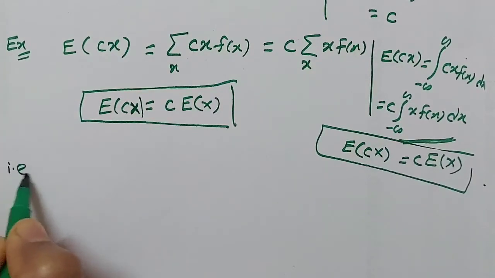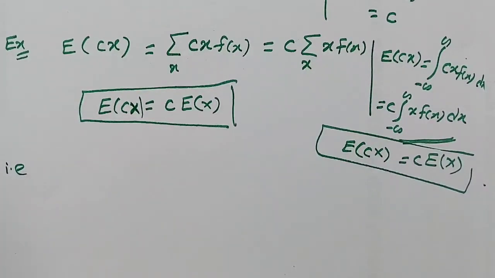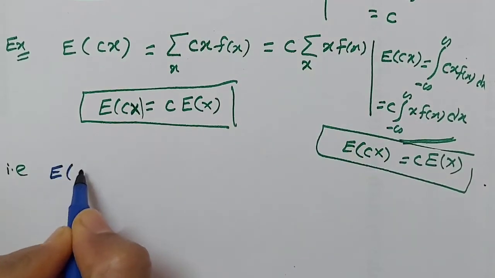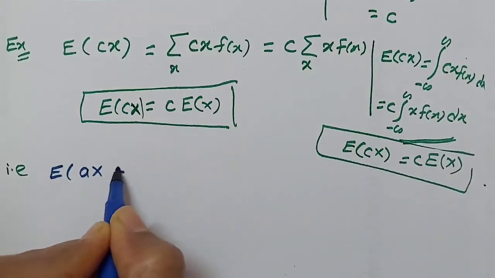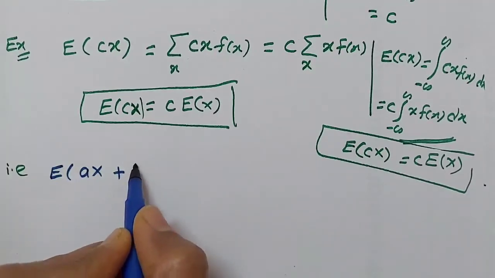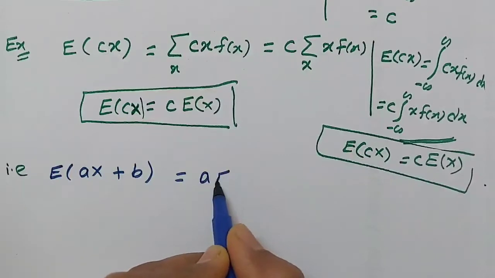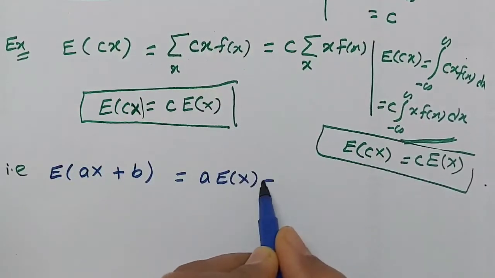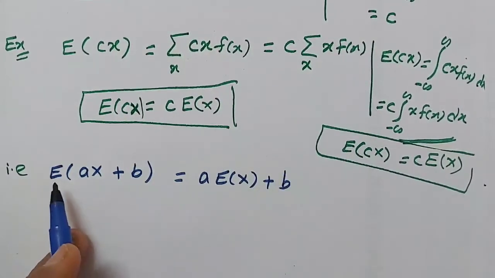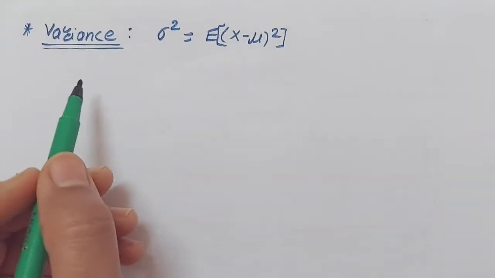With the help of this linearity property, we can solve the expectation of ax plus b, where x is our random variable and a and b are constants. The linearity property separates the terms and takes the constants outside, so it is a times expectation of x plus b. Now we discuss variance.